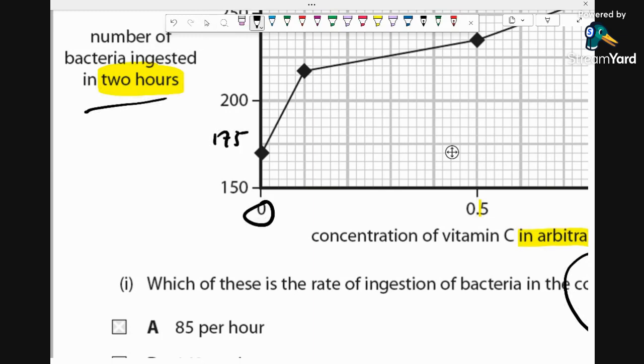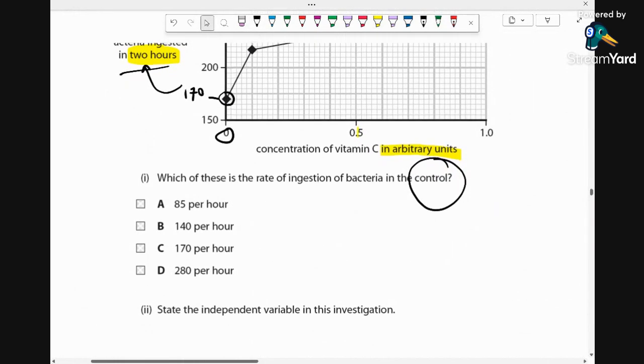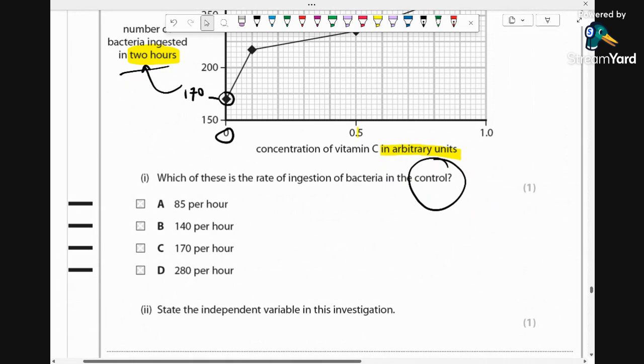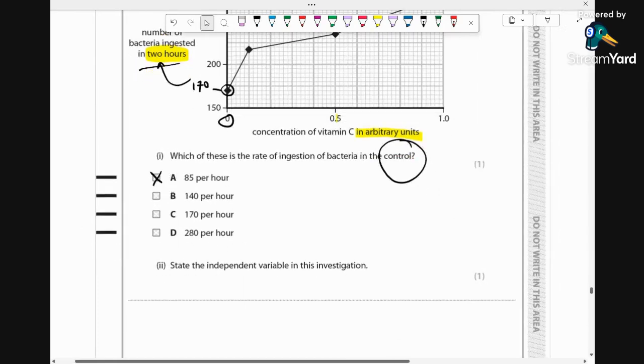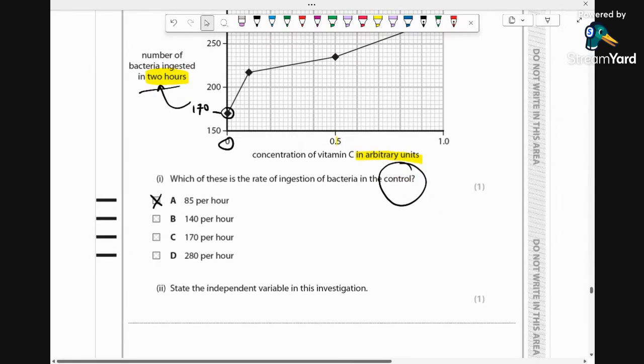So 155, 160, 165, 170, 175. So that's 150, 155, 160, 165, 170. So this value here is 170 in 2 hours. So per hour, it's 170 divided by 2, isn't it? So that's 85. There we go. Nice and easy. So that's the rate, just to be clear.